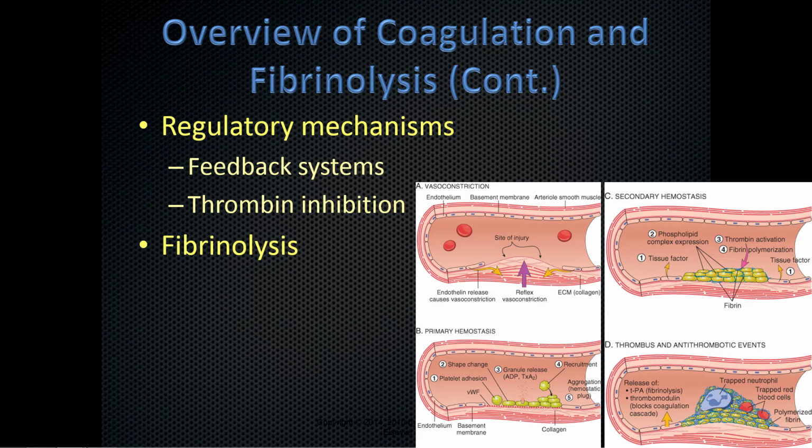The injured endothelial wall releases TPA, or tissue plasminogen activator, which converts plasminogen to its active state, which is plasmin. And then plasmin begins to digest the fibrin, and the clot will rapidly break down. When fibrin is broken down, the fibrin degradation products that are released act as anticoagulants.